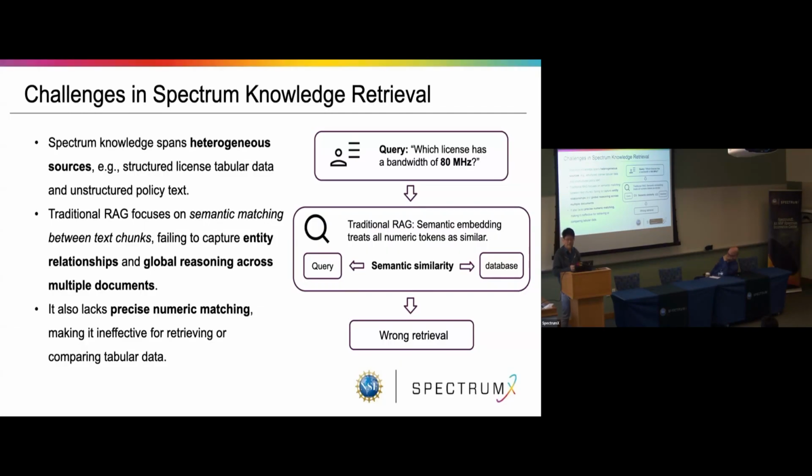Global reasoning is going to be a challenge. The second is tabular data, which appears a lot in the proceedings, especially related to spectrum work: different frequencies, different bands, these numbers. Precise numerical matching is a problem that makes retrieving information from tabular data extremely difficult.